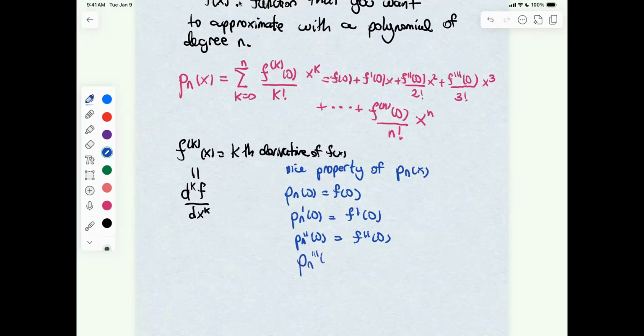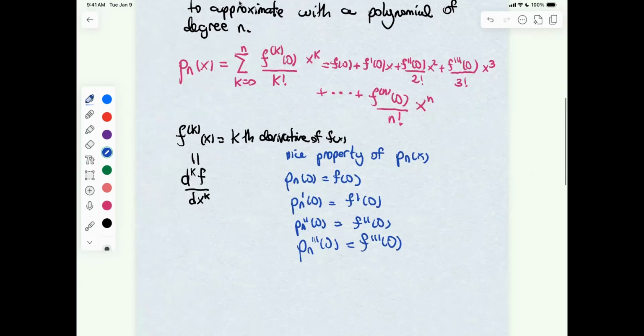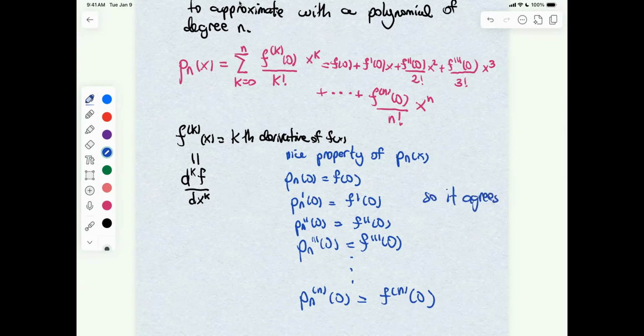They all agree at zero. At different places it would be different, but at the value 0 they agree. So it agrees with the function at 0 up to the nth derivative.